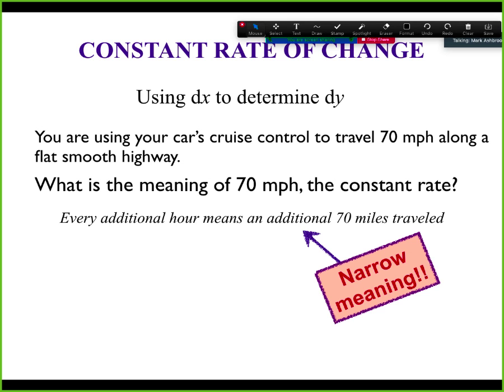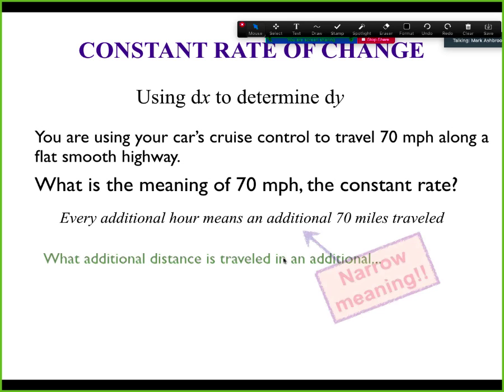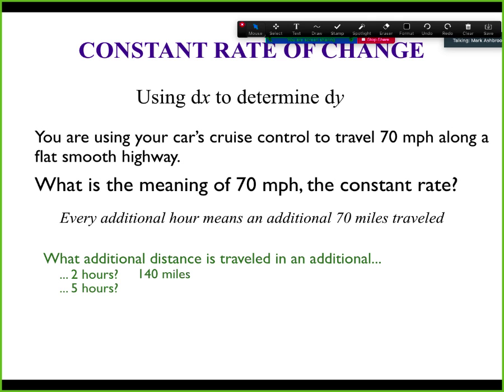It's a narrow meaning because we know how far you've gone in 2 hours. We know how far you've gone in 5 hours and half an hour. That's what Yasser said. How far have we gone in half an hour? 35. How'd you get 35? What'd you do? By the number of hours times the miles per hour. That's right. You take the change, the variation in time, times the rate, and it gives you the change in distance.